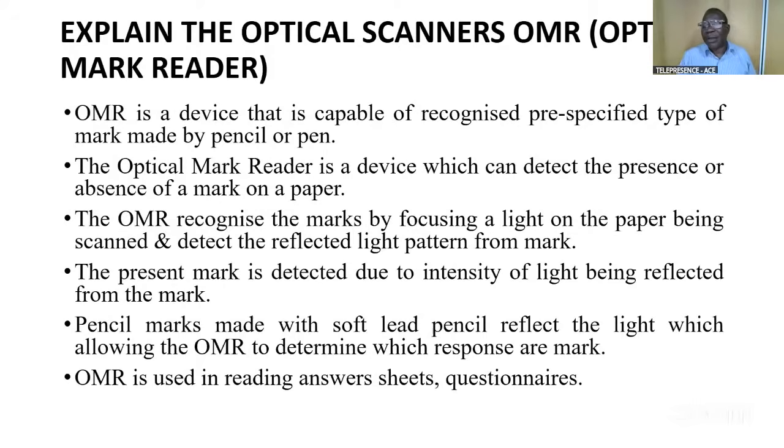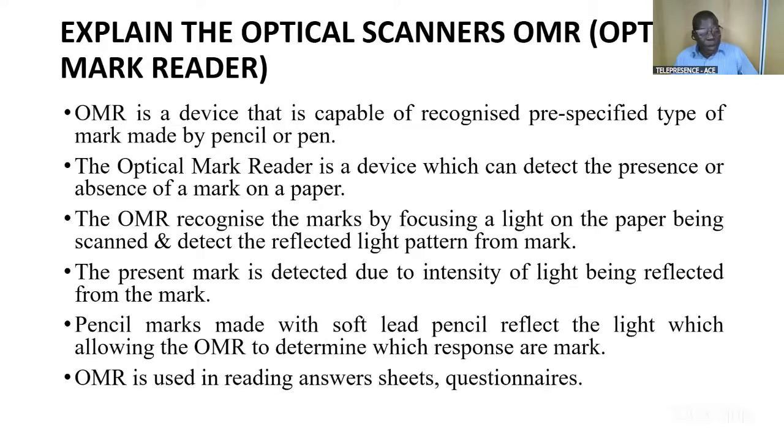Optical scanner, OMR, we refer to it as optical mark reader. OMR is a device that is capable of recognizing a specified type of mark made by pencil or pen. The optical mark reader is a device which can detect the presence or absence of a mark on paper.